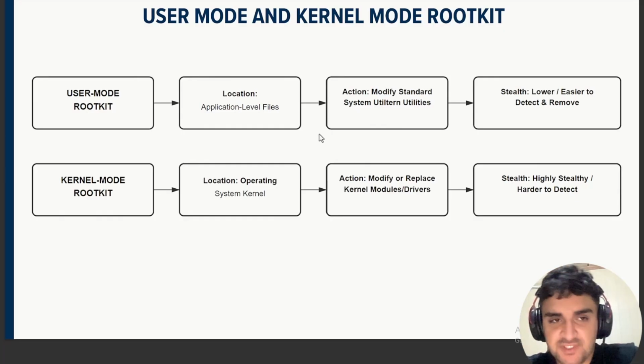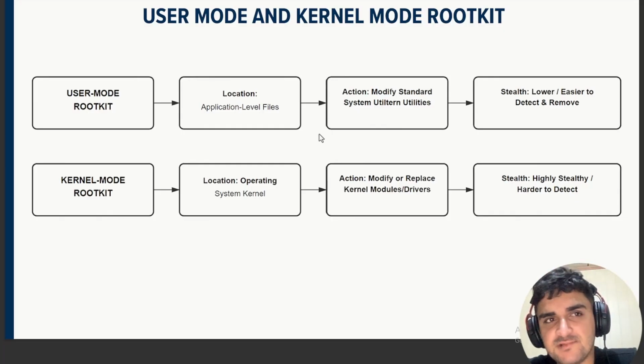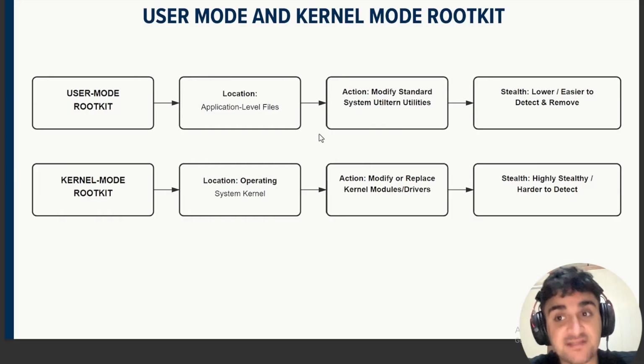Well, in a user mode rootkit, the rootkit lives at the application level, in files, and modifies standard system utilities. On the stealth side, the user mode rootkit is lower and easier to detect and remove.